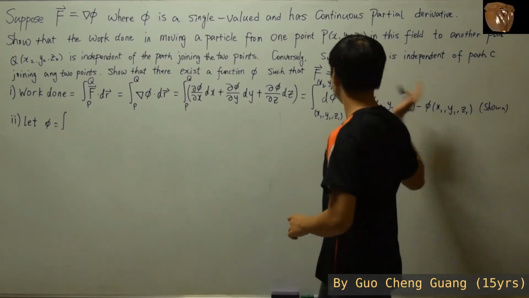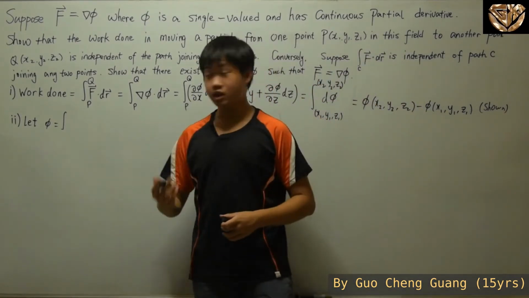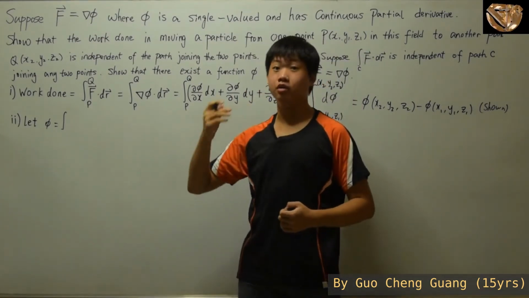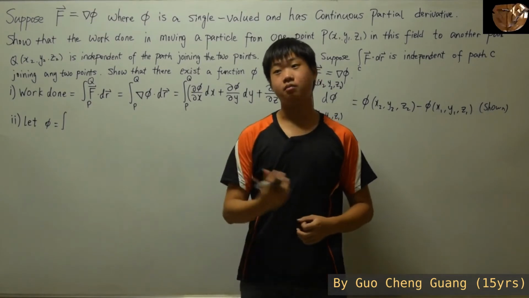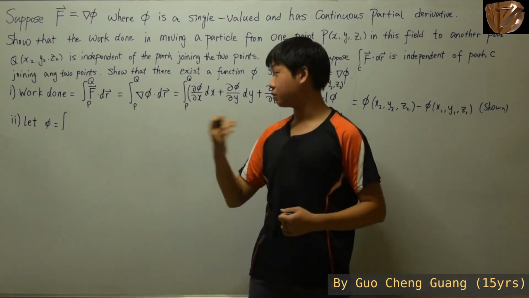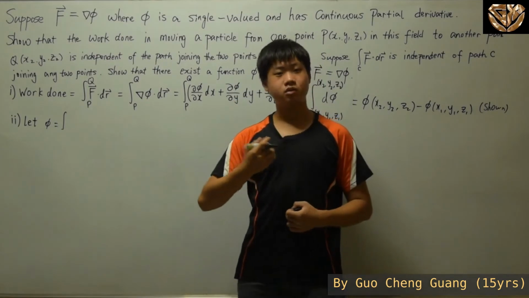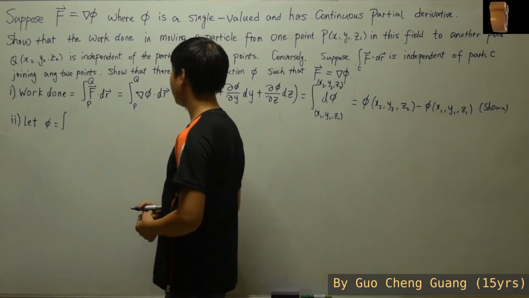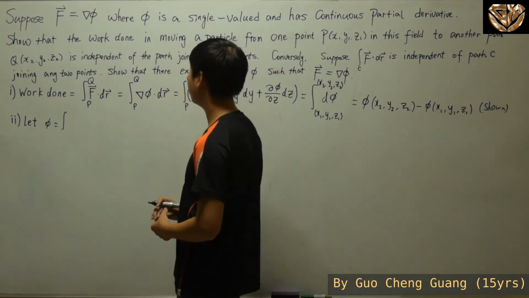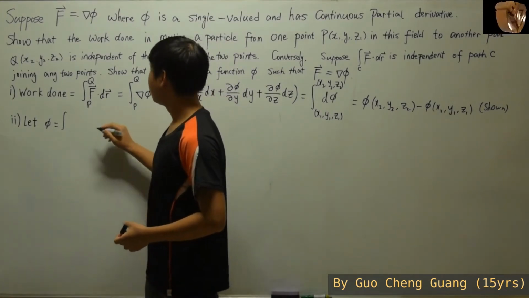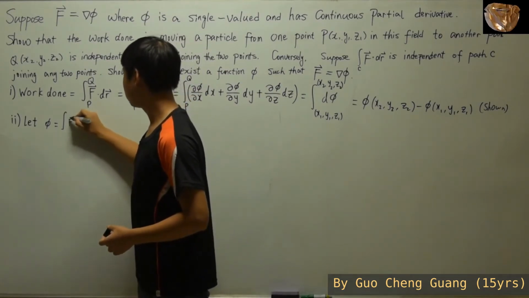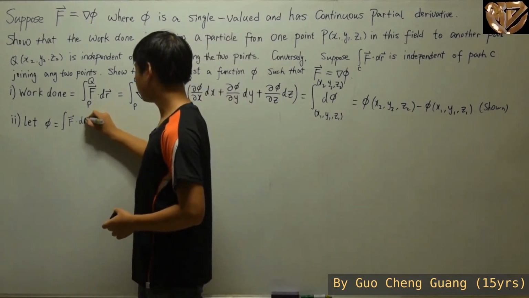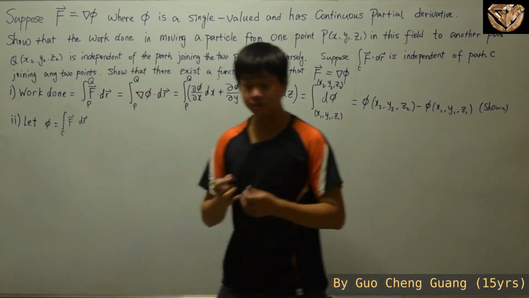Since we're given that this is independent of path C, that means we can use some sort of initial and final work done, and maybe somehow from there get some kind of difference or relationship. So for this phi, what we'll have is something like this.